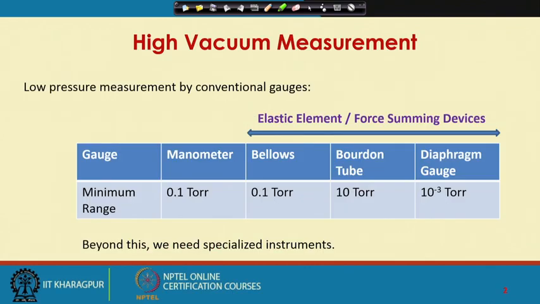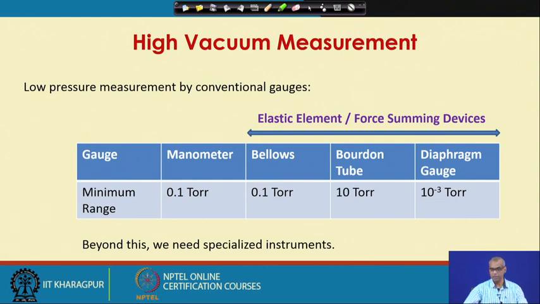Now, we have talked about bellows, Bourdon tubes, diaphragm gauges. If you visit any chemical process industry, you will find that a lot of pressure gauges are made of bellows, Bourdon tubes and diaphragm gauges. One reason may be that most of the operations will take place at moderate pressures.